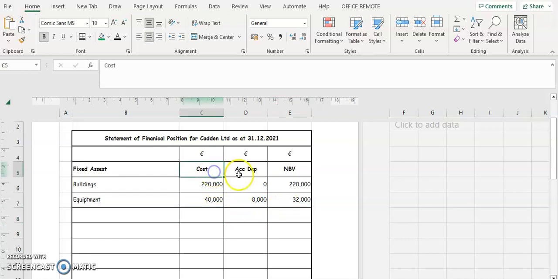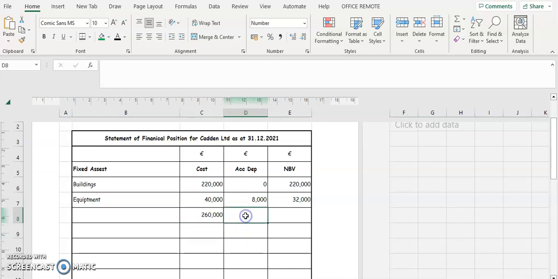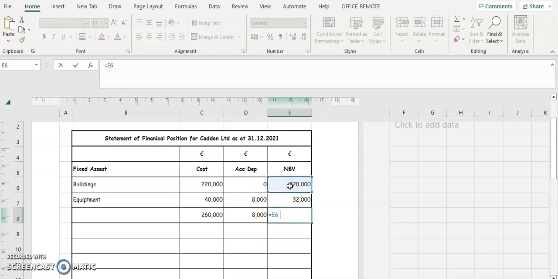And then we want to get the total for each one of these columns. So for our cost, we're going to add 220,000 plus 40,000. For accumulated depreciation, we're going to add 0 and 8,000. And then for net book value, we're going to add 220,000 plus 32,000.